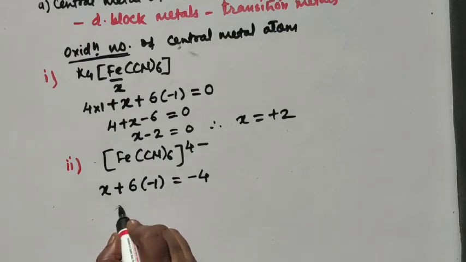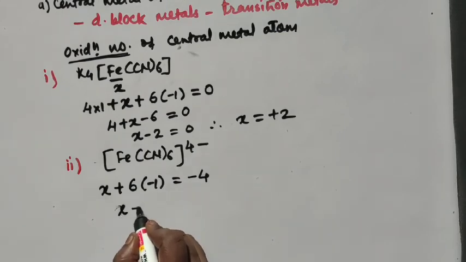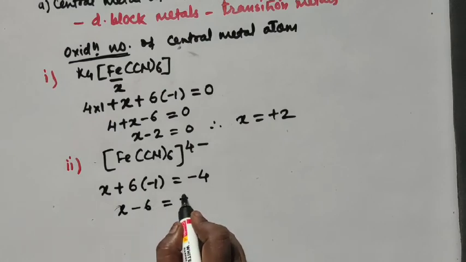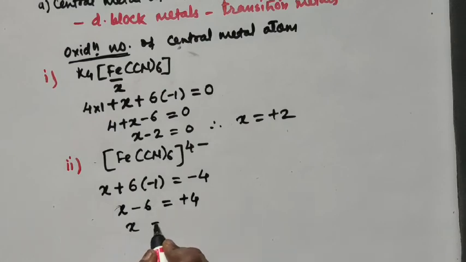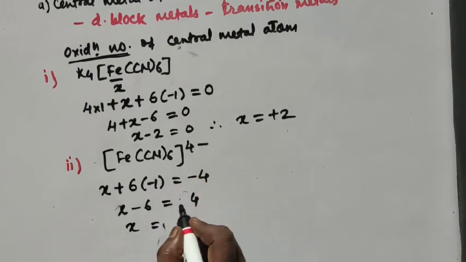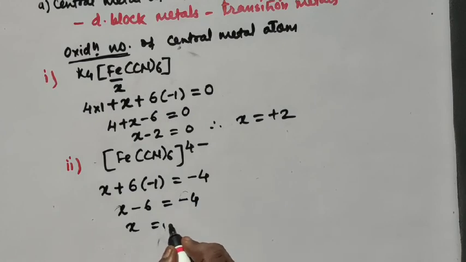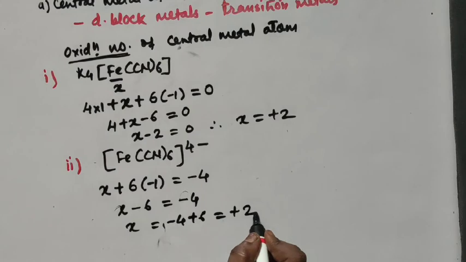Now you find out X. X is equal to how much? -6 is equal to +4. So X equal to +4. No, sorry, here it is -4. So X equal to -4 plus 6, and that is equal to again +2.